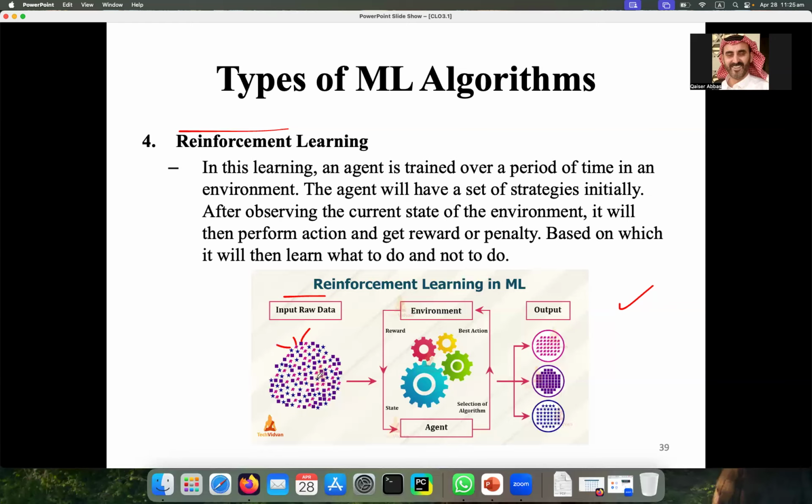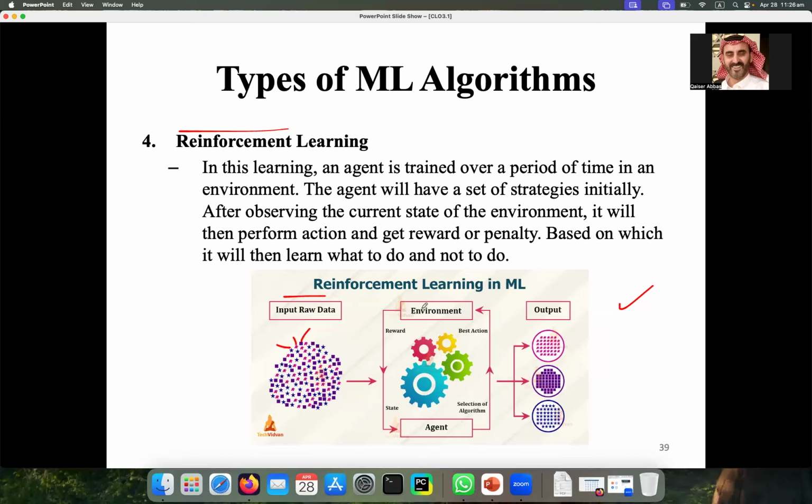So this is the data. And this agent is taking anything from the data, any state. And then from the algorithm, the agent has the algorithm, the agent is performing some action on that state in the environment.